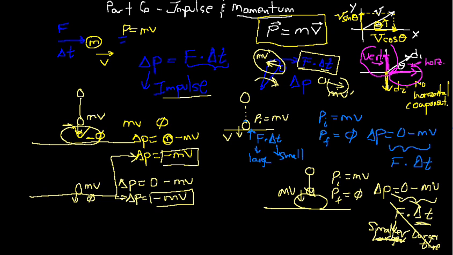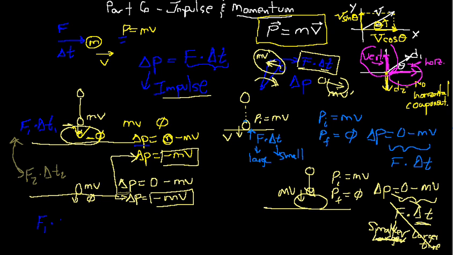Up here, if we put this in blue, there is a force 1 times time interval 1 equal to this change in momentum. And over here, force 2 times time interval 2 is equal to this momentum. And they're both equal, so these two are going to be equal to each other.